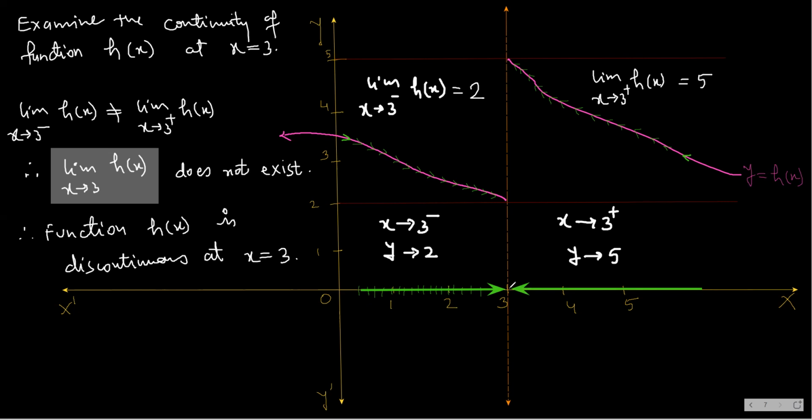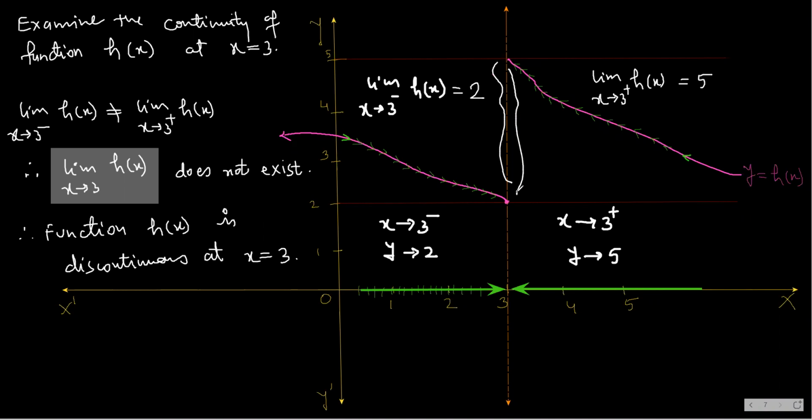Because even if suppose I write when x is 3, the function value is 2. So what would happen? It would give us a point here that would only stretch the graph till this number 2. But still it would be discontinuous. You can check, it is a jump.